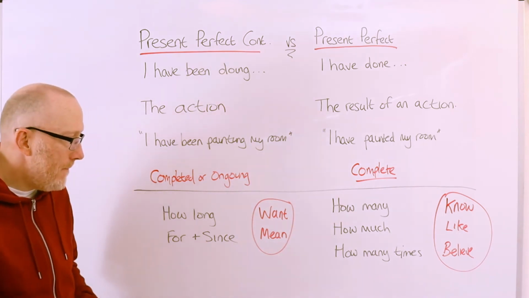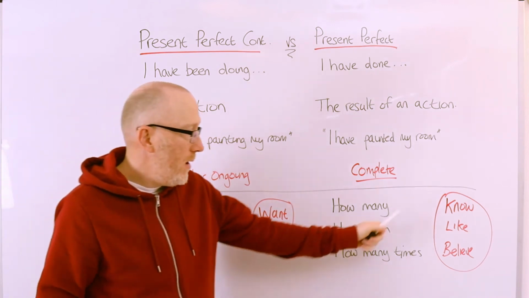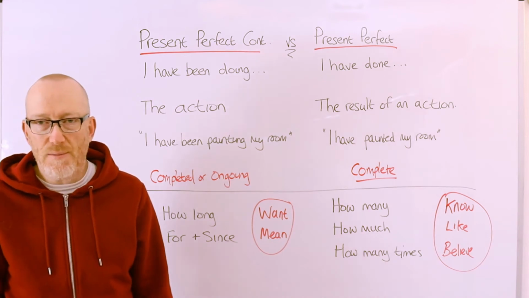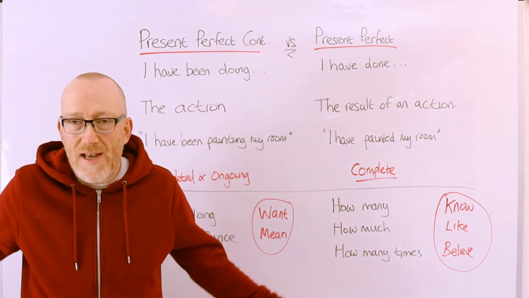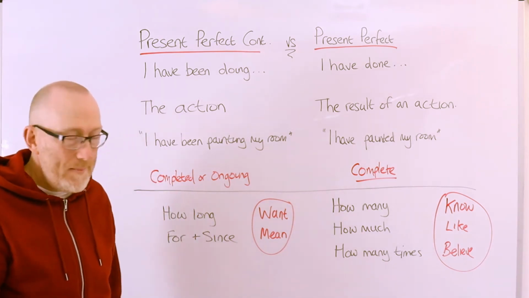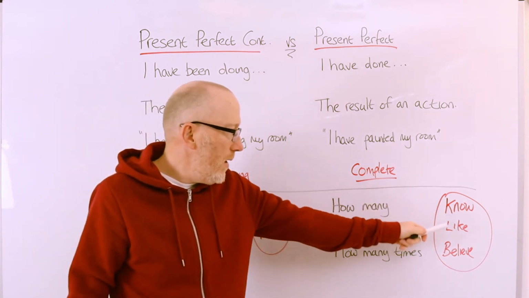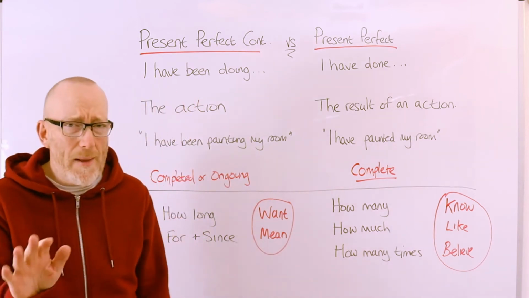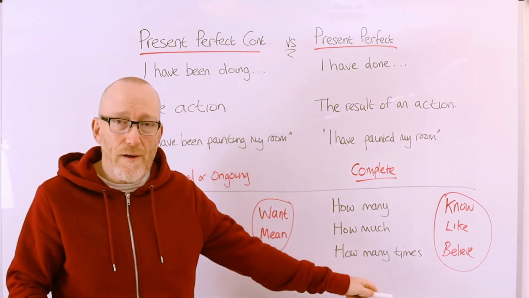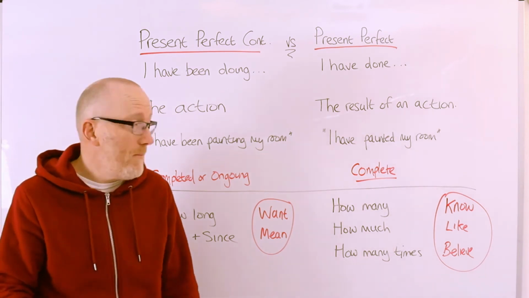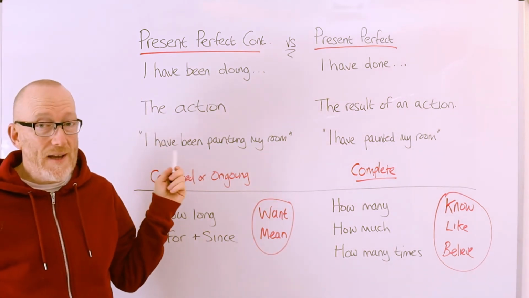For example, know, like, and believe. These are three verbs that we would just never use in the present perfect continuous because they just don't work. There probably are others as well, but these are the three that I can think of straight away. Never use them in the present perfect continuous.